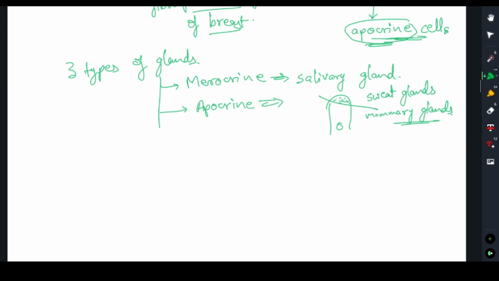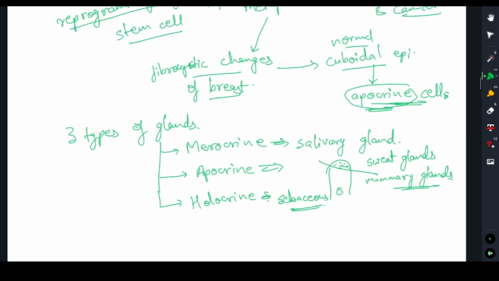The third type is holocrine. In holocrine glands, the entire cell disintegrated to release the content, and the example is the sebaceous gland. So this is where we get the term apocrine cells.